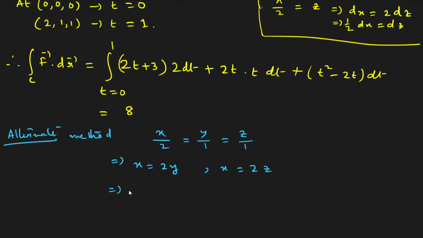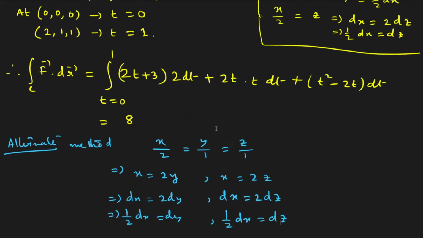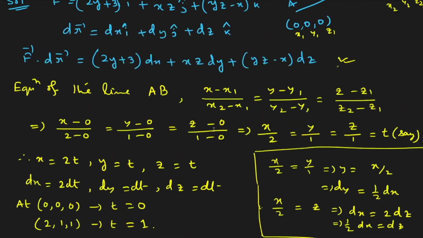So this implies dx equals to 2 dy, and again dx equals to 2 dz. So means half dx equals to dy, and then half dx equals to dz. Okay. Now in the same integration, I'm talking about this integration over c of f bar dot dr bar, there I will put now.